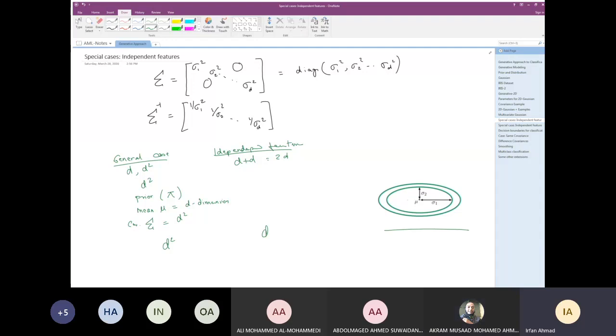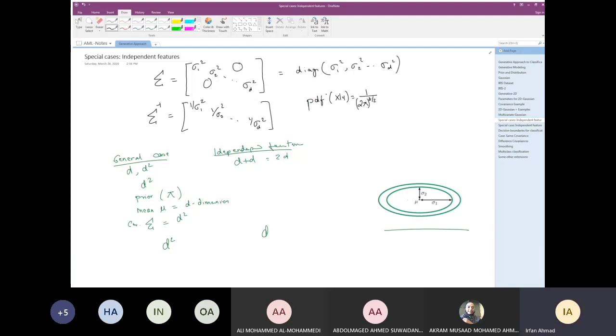Yes, clear. Okay, good. Now, what about the probability, the PDF? If you are assuming the independence of features, how does the PDF look like? So PDF would look like this, right? P of X given Y is nothing but 1 over 2 pi whole to power d by 2.